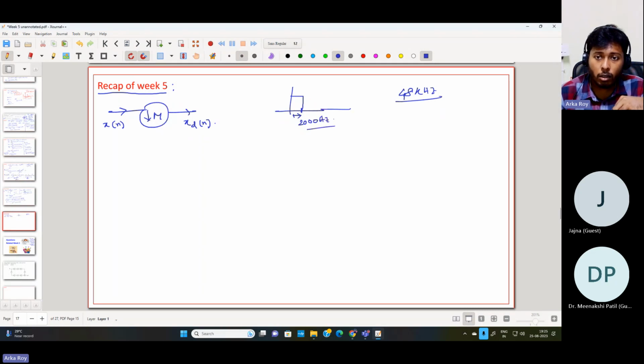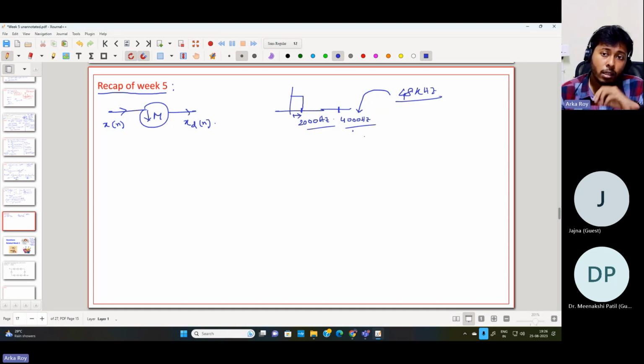Therefore, to sample this particular sequence as per the Nyquist criterion, 4000 hertz is good enough. If you go beyond 4000 hertz, then it is very high. Sampling at 4000 hertz, or 4 kilohertz, is good enough to work with. Therefore, we need to downsample the signal from 48 kilohertz to 4 kilohertz.